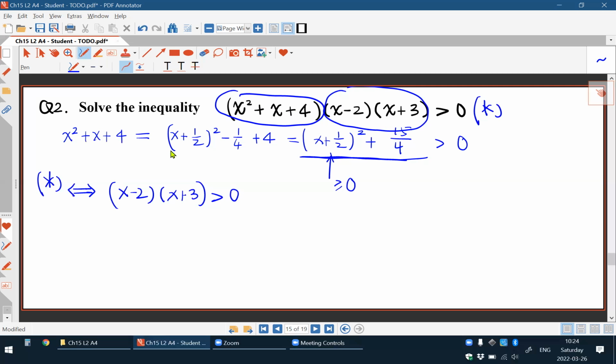Okay, so by our analysis here, actually you can just simplify by eliminating this first part, right? You don't have to consider that because this part is always greater than 0. Or you can think in another way. If this part is also positive, we can divide both sides of the inequality by a positive number, right? That does not change the solution and does not change the direction of the inequality symbol, right?